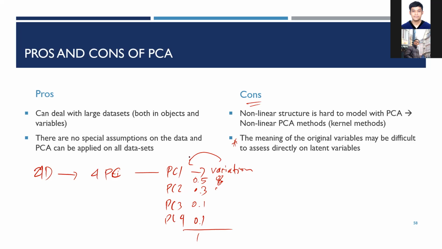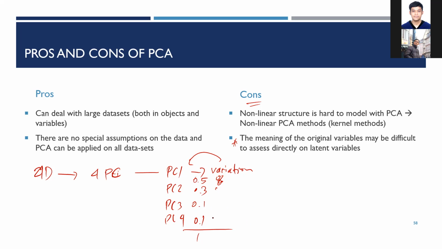So principal component 1 can represent 50% of the variation of the data, principal component 2 can represent 30%, principal component 3 can represent 10%, and principal component 4 can represent 10%.